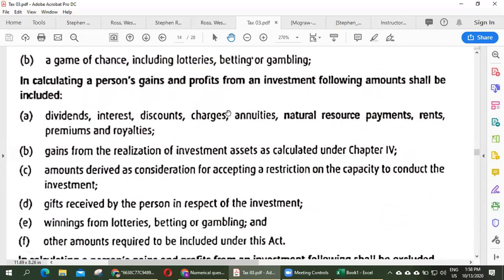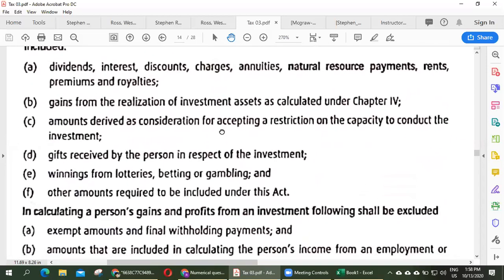In calculating a person's gain and profit from an investment, the following amounts shall be included. Now we will discuss the components of investment income. The first one is dividend. Dividend means when you purchase shares from a company, from time to time the company divides its profit among the shareholders.